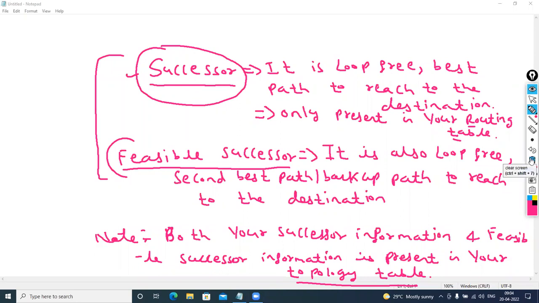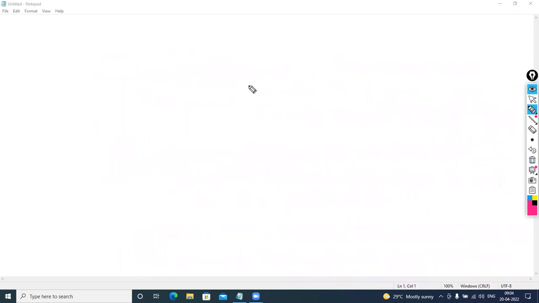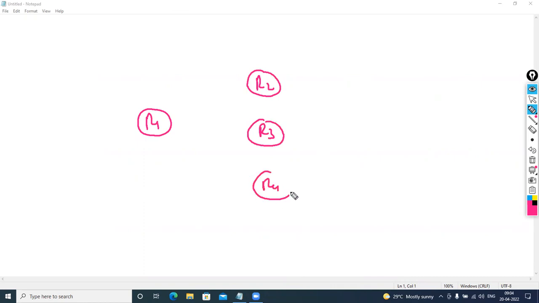Now we'll see how it elects a particular path as a successor and feasible successor. So let us consider we have R1, R2, R3, R4, and R5.